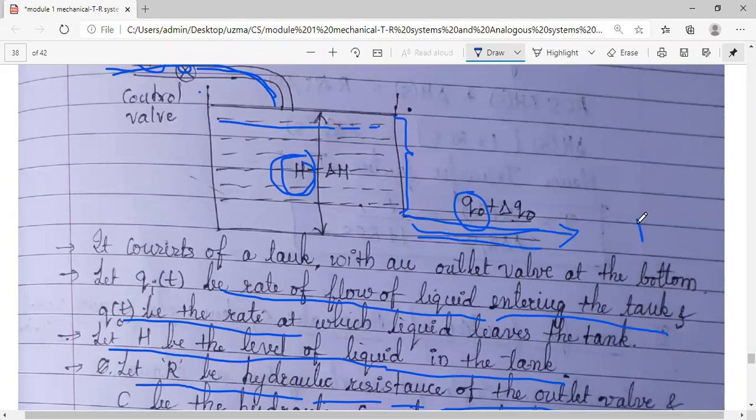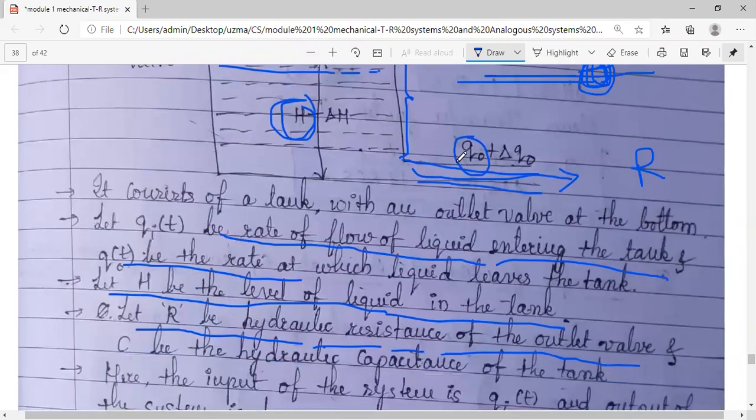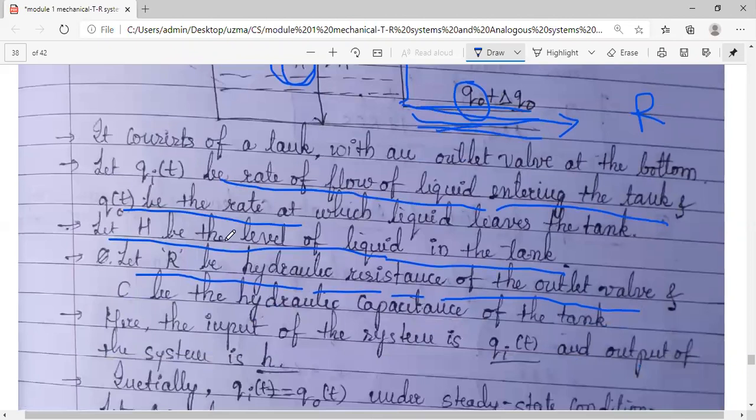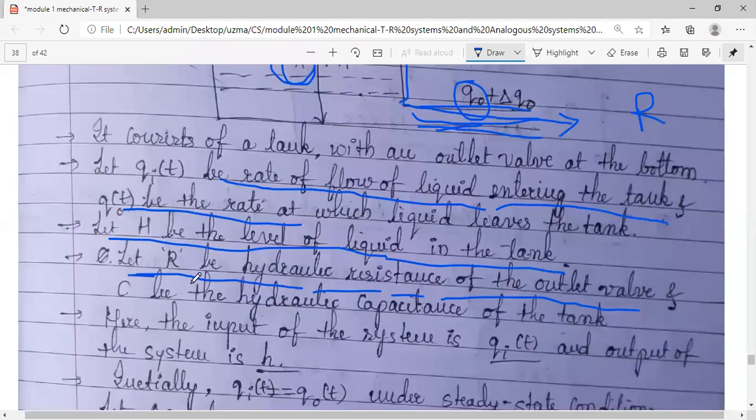If you just look at your taps, the water pipe, and if you simply close its mouth, obviously it has got certain resistance. It is opposing the flow. If you remove that covering, the water will start flowing out. So this will have its own resistance. Similar to that, even this outlet has got its own resistance, denoted as capital R.